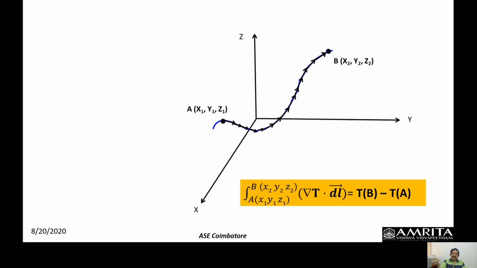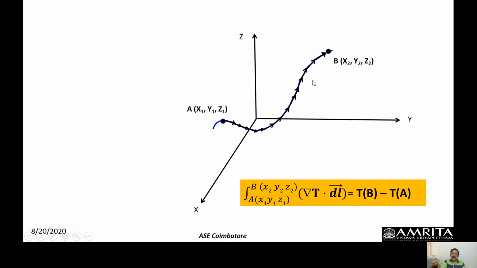Now the question is, is the gradient theorem path independent? Is it valid if I take different paths? Obviously, because the right hand side tells you that it is T of B minus T of A, which means only the end points matter, not the path.